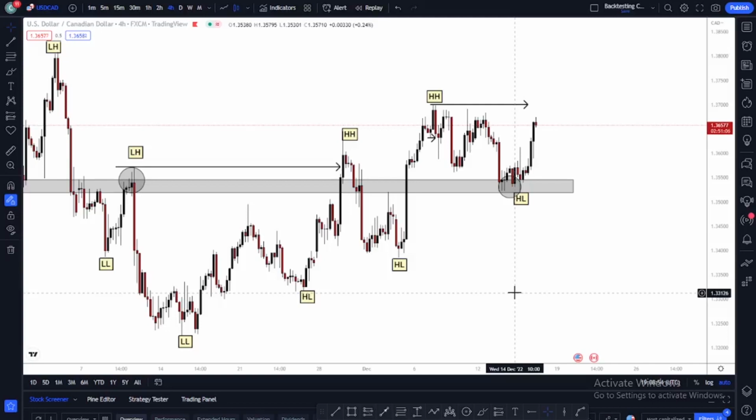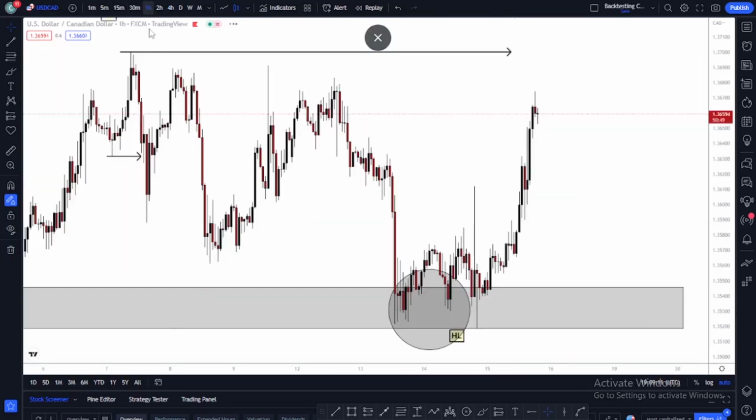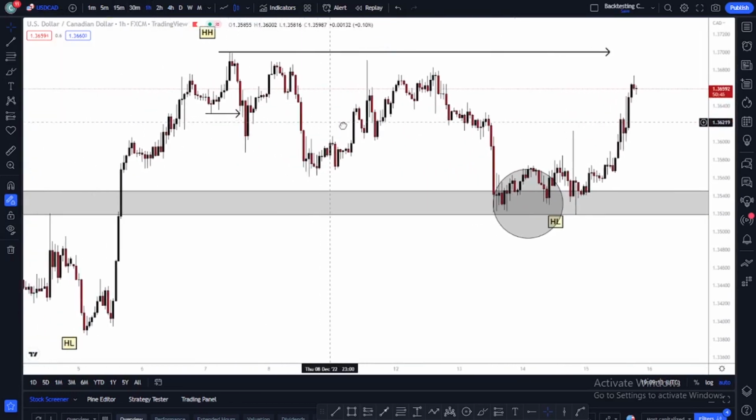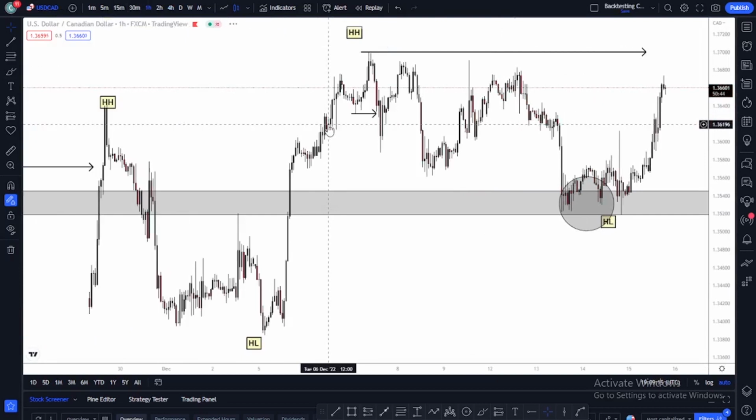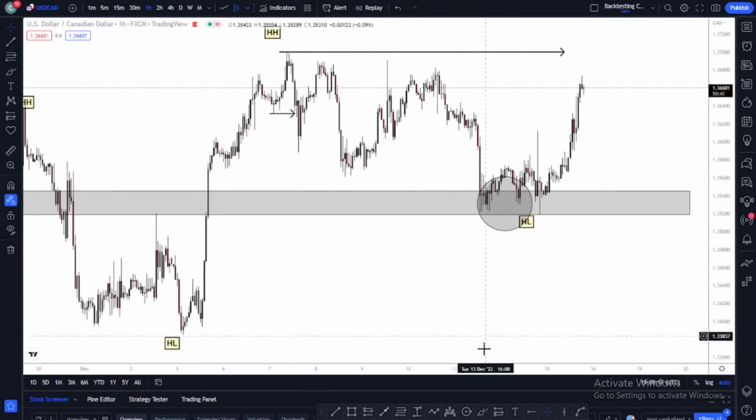So whilst waiting patiently for price to retrace back to our previous lower high as a support, what did I do? I went down to my H1 time frame, and coming down to our H1 time frame, what do we see?